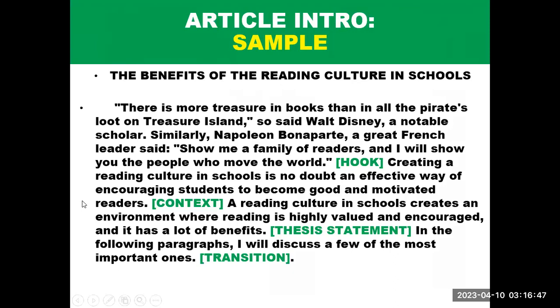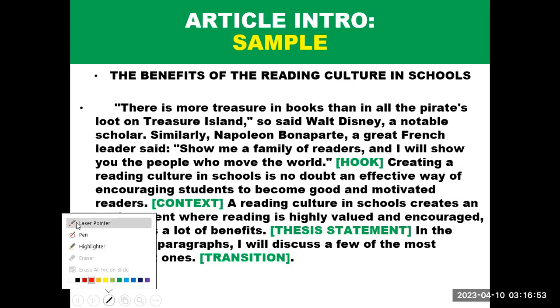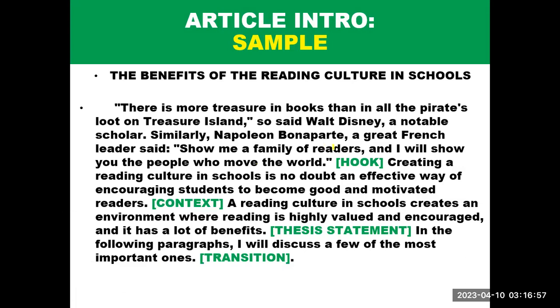Now, here you can see the four different essential things, beginning with the hook, context, thesis statement, and transition.